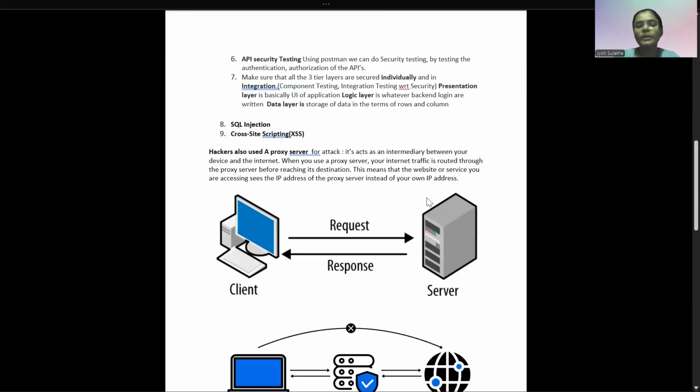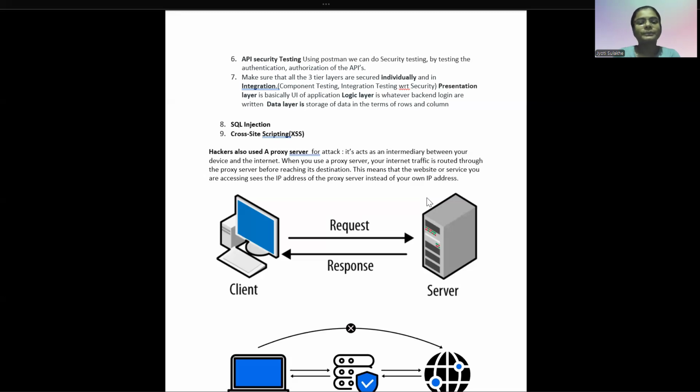The next type is SQL injection. SQL injection means we check the application by entering SQL commands. And for cross-site scripting, we use JavaScript code or a JavaScript executor to check whether the application can be accessed that way or not.